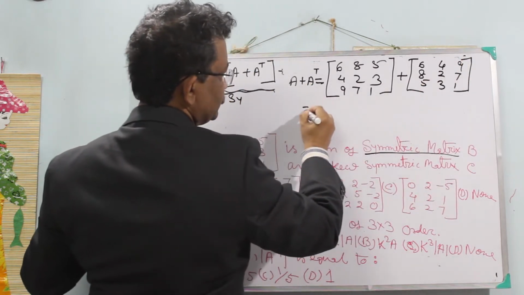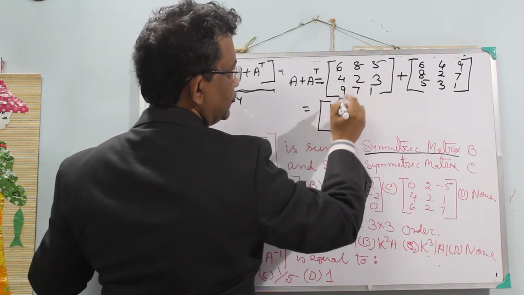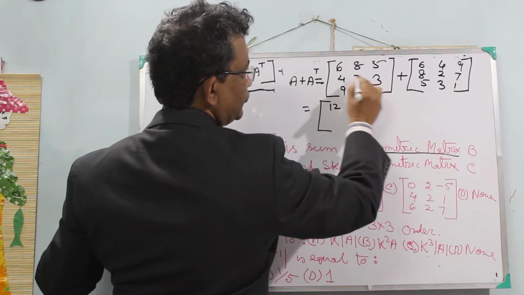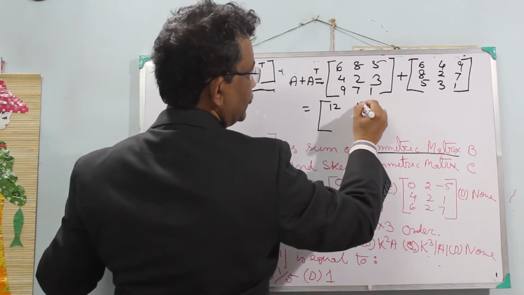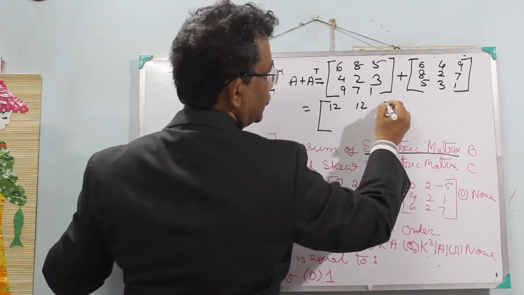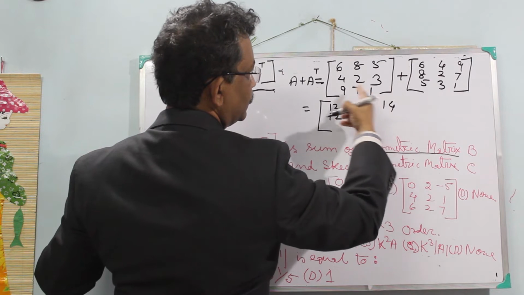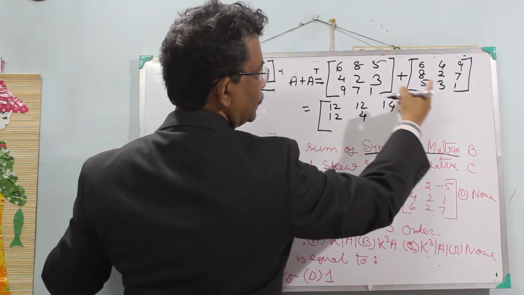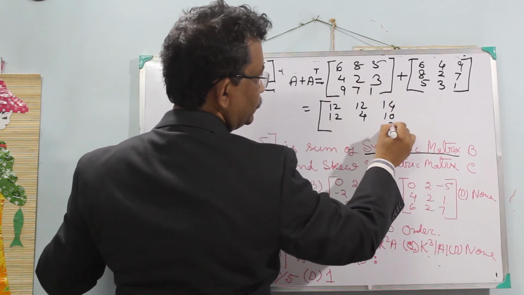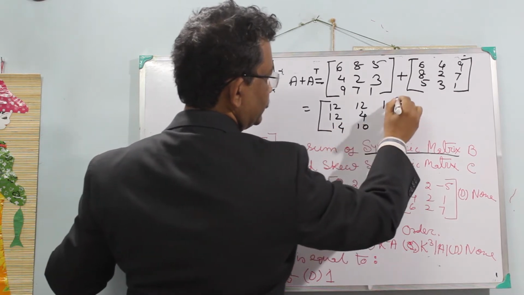If you add these two, we will get 12, 12, 14, 12, 4, 10, 14, 10, 2.